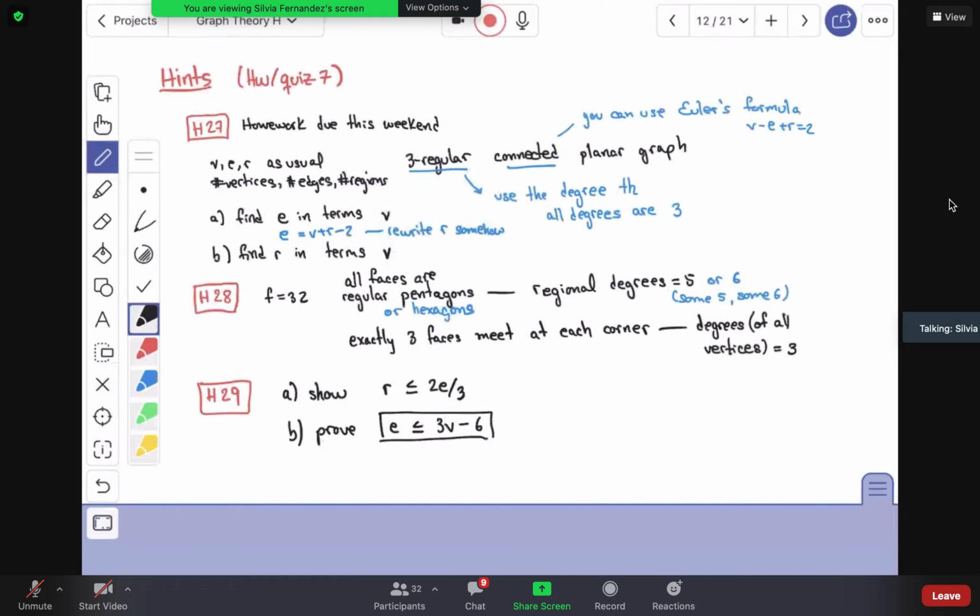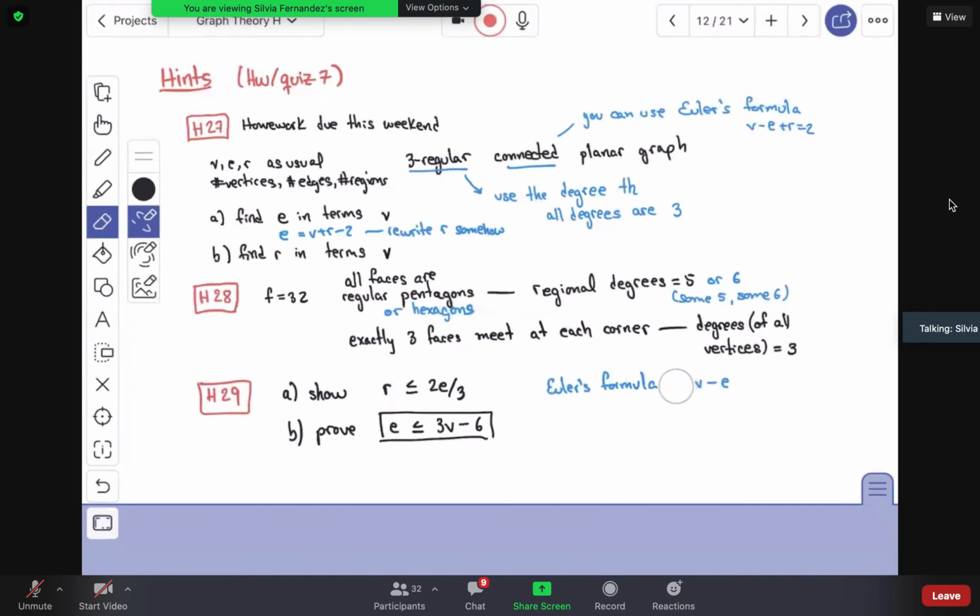So how can we do something like this? Same idea as with the others. In this problem, you can use Euler's formula, definitely. So Euler's formula gives you V minus E plus R equals 2.